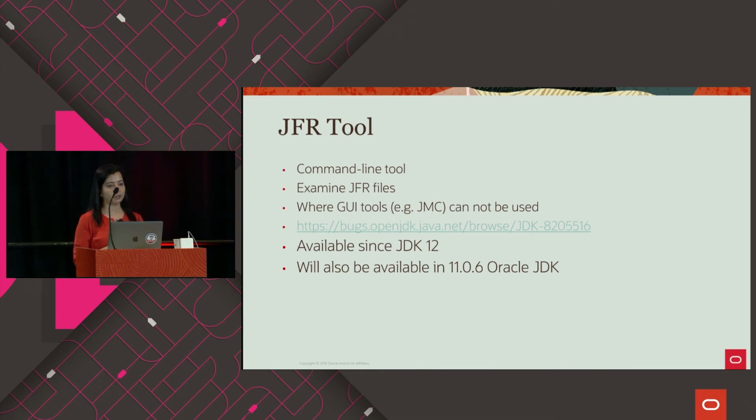But in environments where it is not possible to use GUI based tools, or those tools are not available, this tool can be very helpful and very handy to use. We added this tool in JDK 12, and it will be made available in update 6 of Oracle JDK 11.